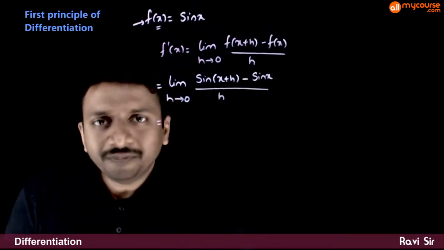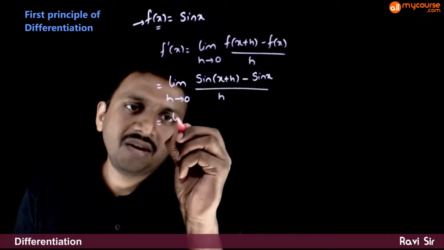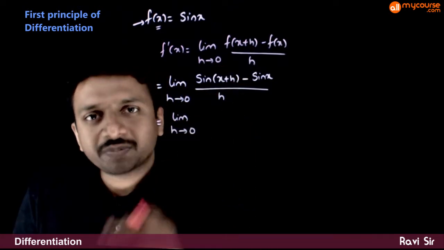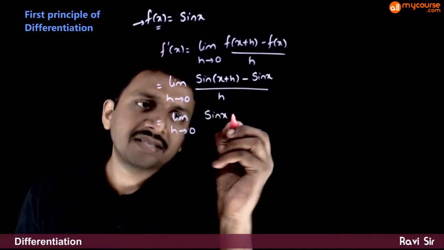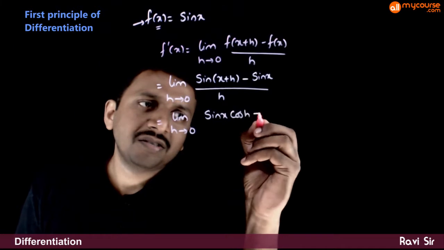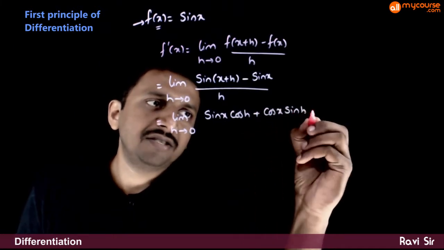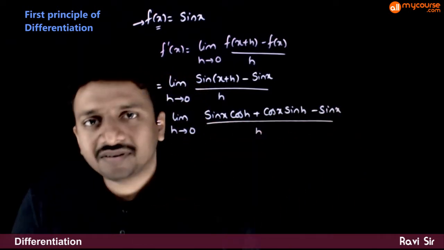So this is equal to, so now you need to find this limit. So it is equal to limit h tends to 0. Sin(x+h) can be written as sin x cos h plus cos x sin h, minus sin x, all divided by h.